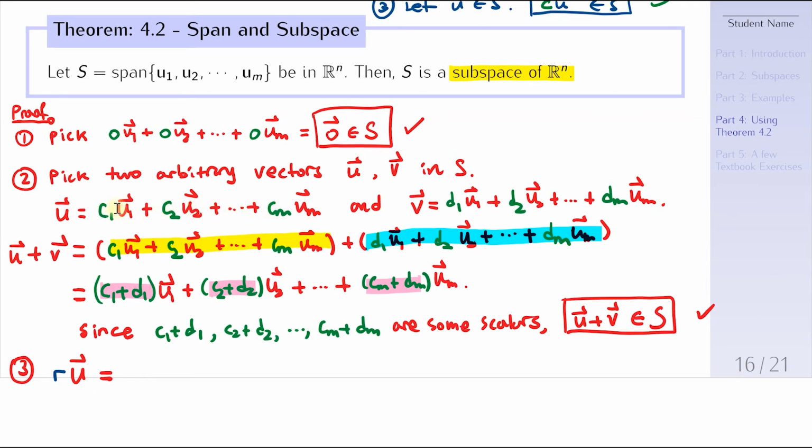So I want to use a different letter such as r for the random scalar. r times this vector c1 u1 plus c2 u2 up to cm um. Now, I'm going to distribute r: r times c1, r times c2, r times cm, and so on.